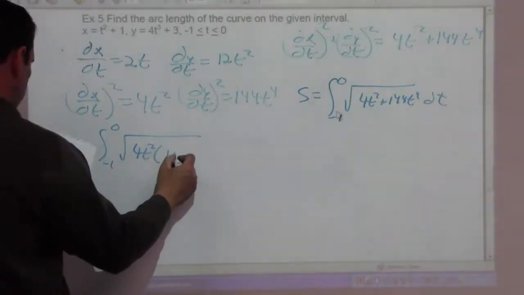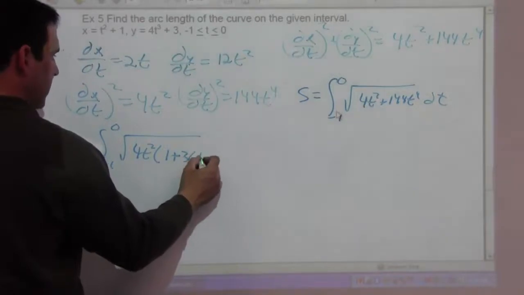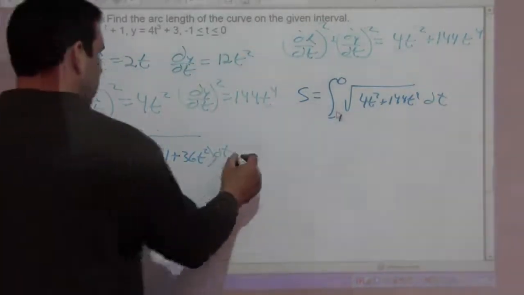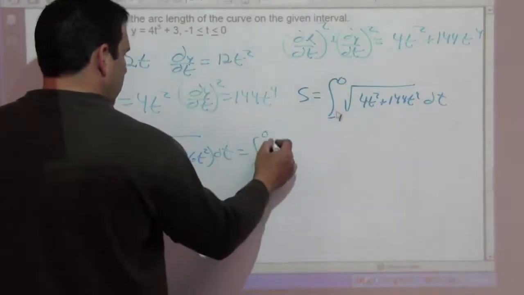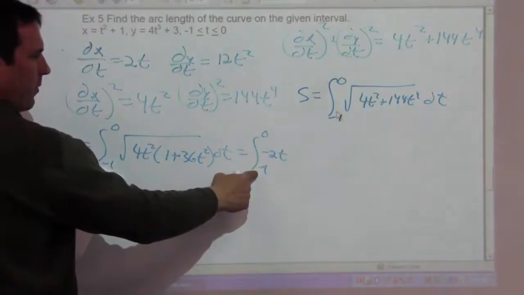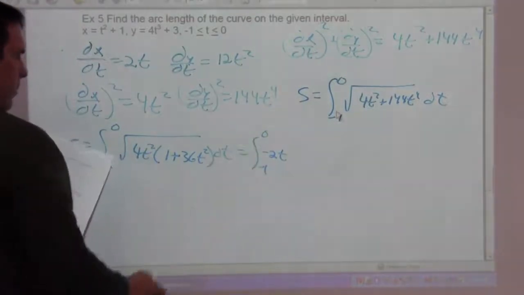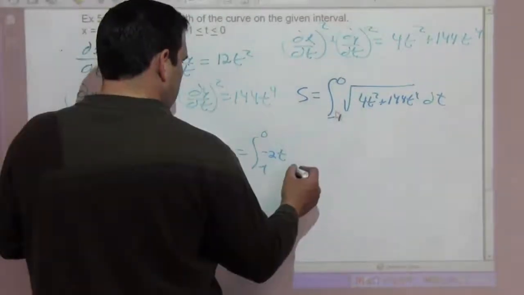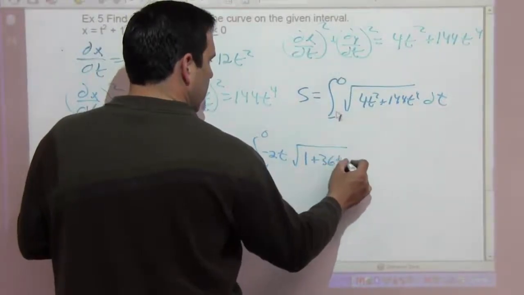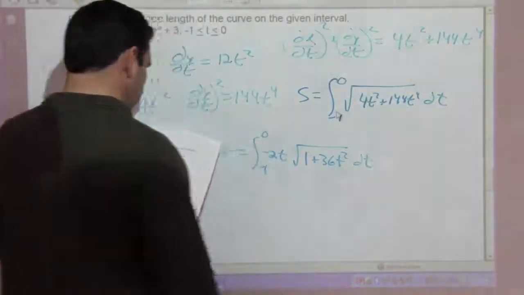You'd have 1 plus 36t squared dt. So this would be the integral from -1 to 0 of 2t. I'm going to say -2t because we're from -1 to 0, of the square root of 1 plus 36t squared dt.